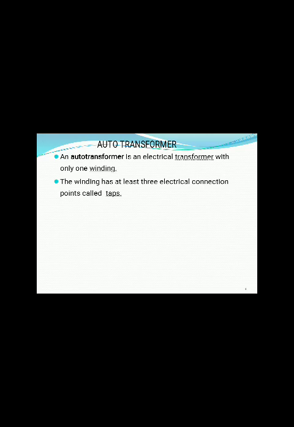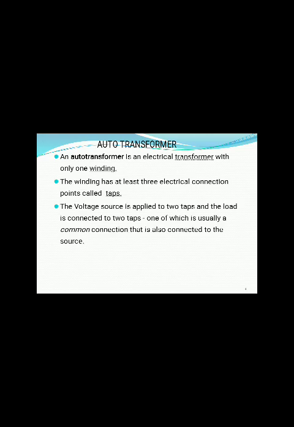This winding has at least 3 electrical connection points called taps.